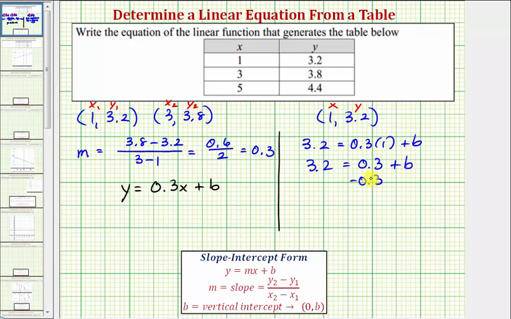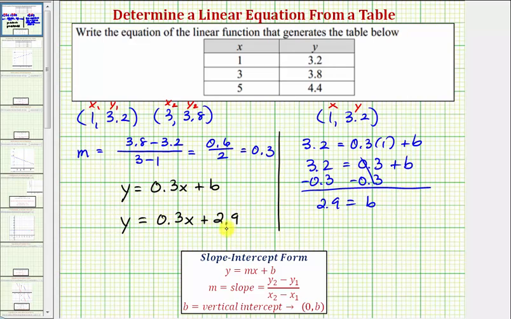Subtracting 0.3 on both sides, simplifying, we have 2.9 equals b. And now that we know that b equals 2.9, we know the equation for the linear function that generates the given table would be y equals 0.3x plus 2.9.